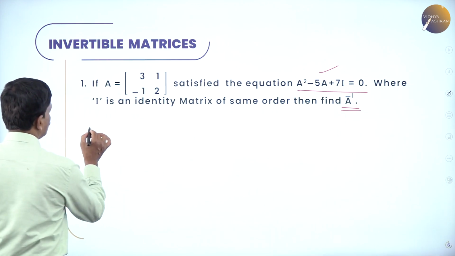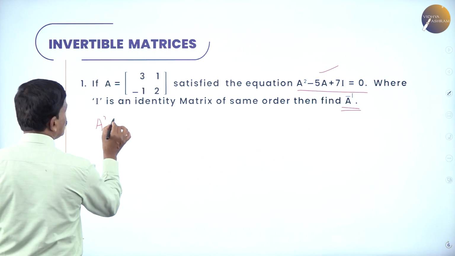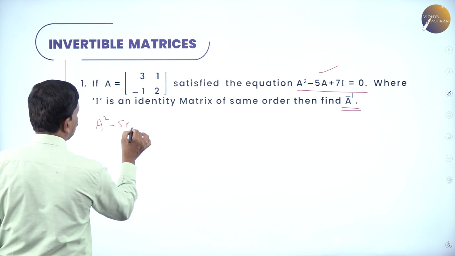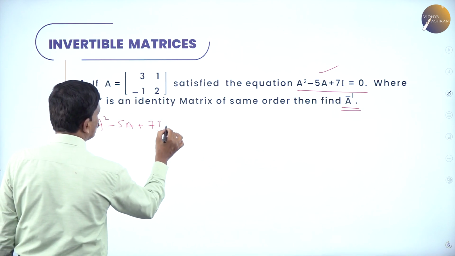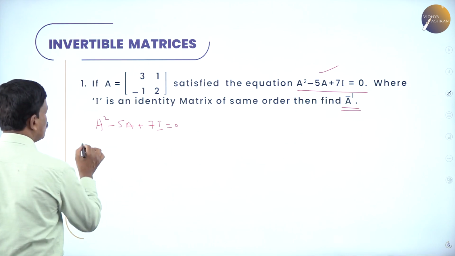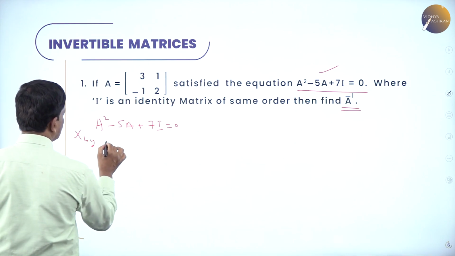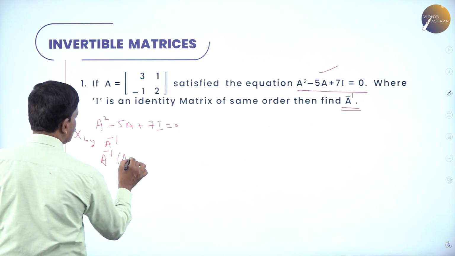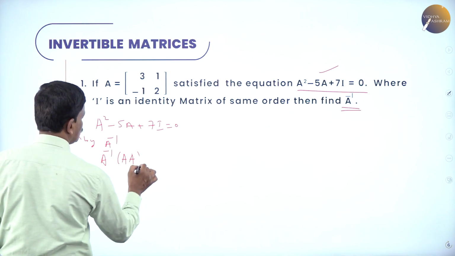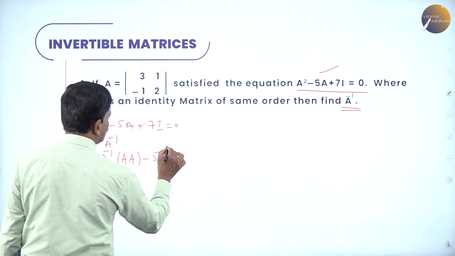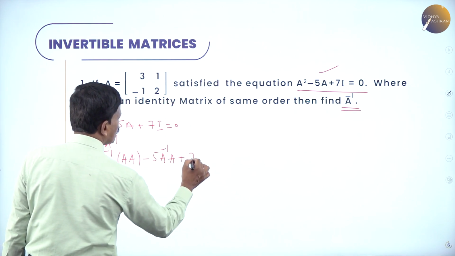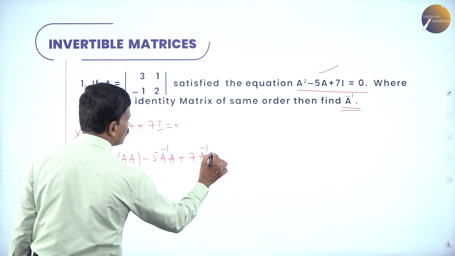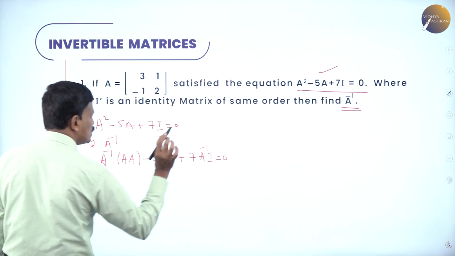Very simple. What is given? Given that A square minus 5A plus 7I is equal to 0. Now multiply by A inverse. A inverse into A square can be written as A inverse into A into A, minus 5 A inverse into A, plus 7 A inverse into I. 0 into A inverse is 0.